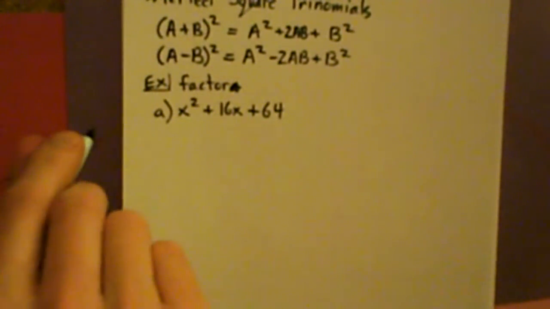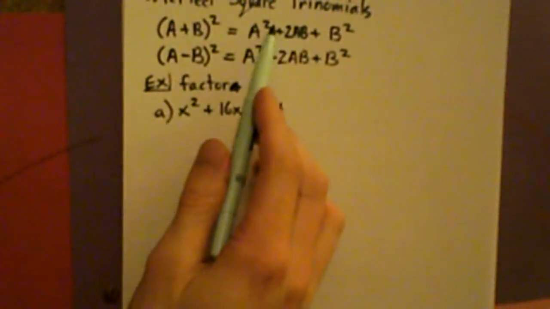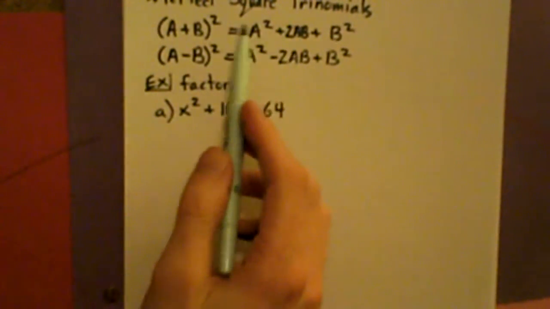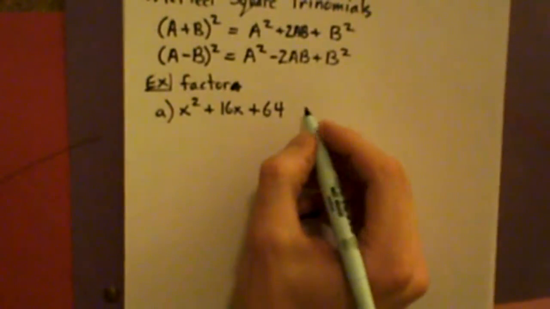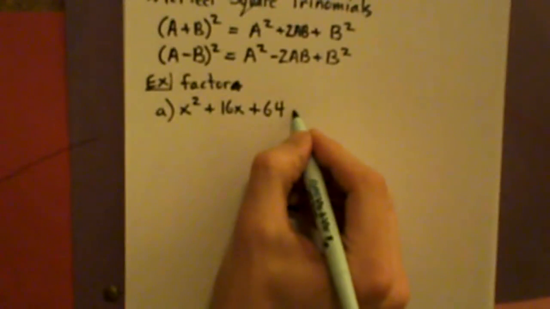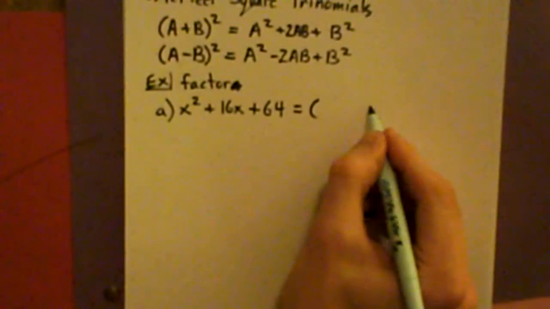Well, how we're going to be using these perfect square trinomials is actually going the opposite direction. We're going to be going back to this direction from right to left. And this is a plus and plus, so it's got to be the top example.